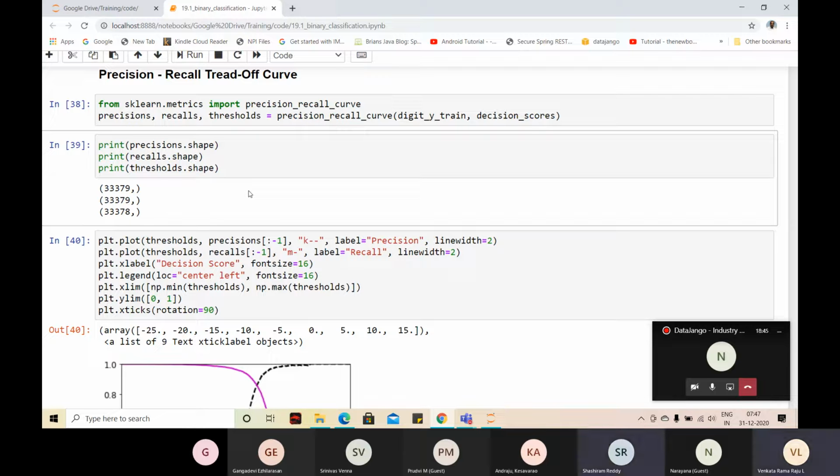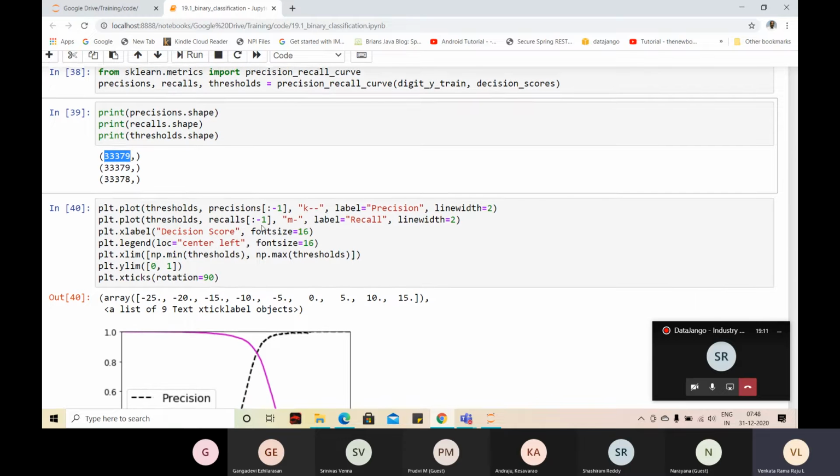By default, it takes that many numbers. It's an inbuilt function. However many records there are, that many thresholds it will take, plus 1. Is there a way to control that? You can take thresholds yourself, maybe in a for loop.